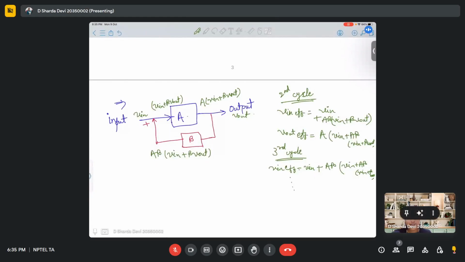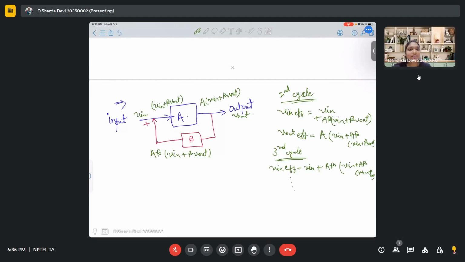So that is what I was saying. If you have positive feedback, after every cycle you are increasing your effective input by a certain amount, hence leading to an increase in your effective output.